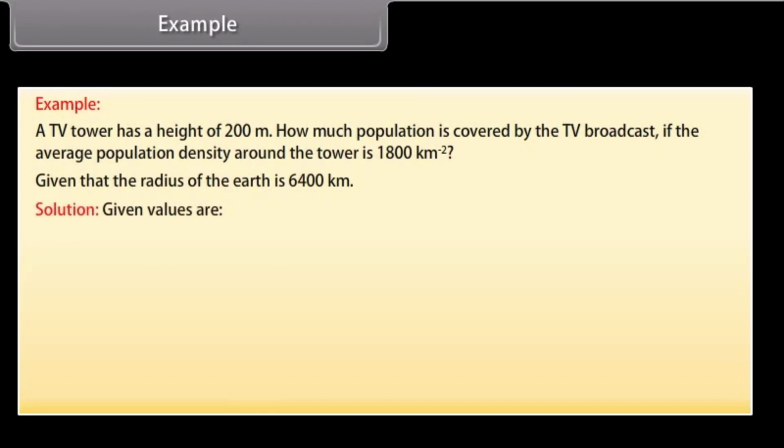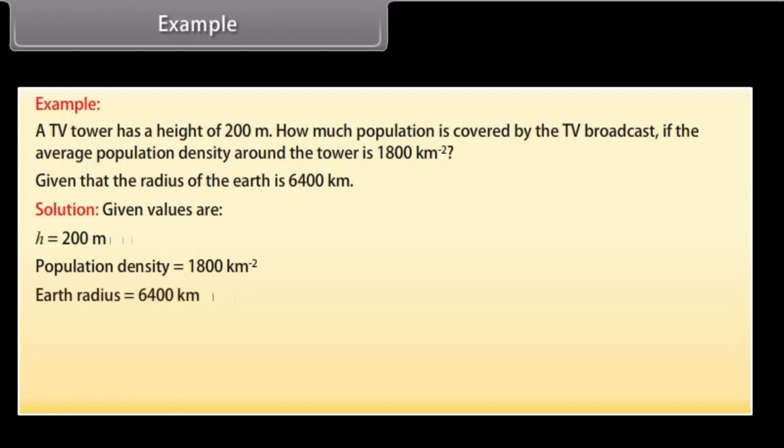Let's see the solution. Given values are: h is equal to 200 meters, population density is equal to 1800 per kilometer squared, and Earth radius is equal to 6400 kilometers.